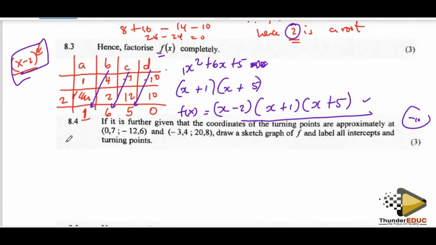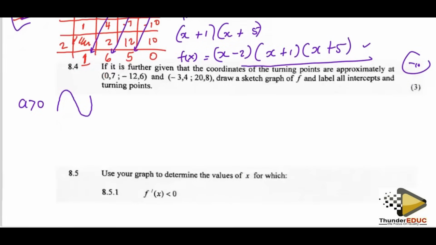Look at your a. Our a is greater than 0, which means this graph must frown and then smile, something like that. If it's less than 0, then it will be the other way around. So not gonna waste a lot of time. If that is my x, and probably that is my y.